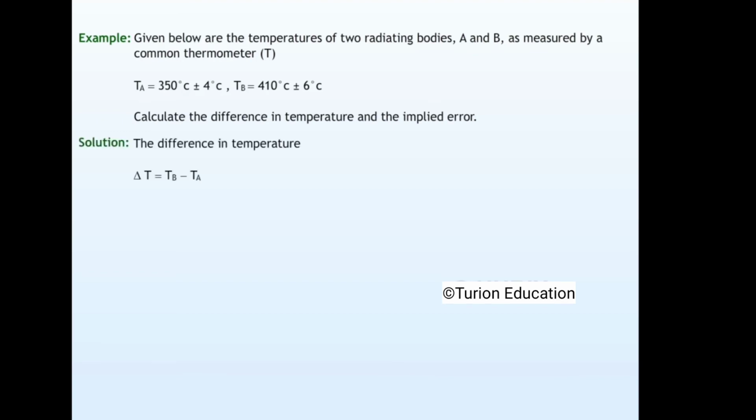Solution. The difference in temperature. Delta T equals TB minus TA equals 410 degrees Celsius plus or minus 6 degrees Celsius minus 350 degrees Celsius plus or minus 4 degrees Celsius. Or delta T equals 60 degrees Celsius plus or minus 10 degrees Celsius.